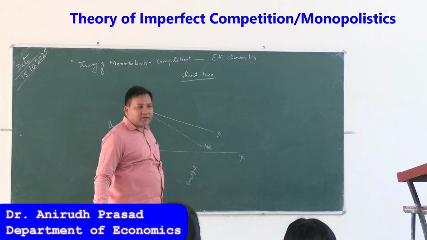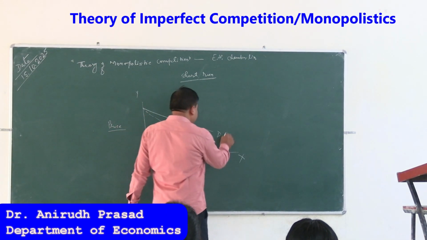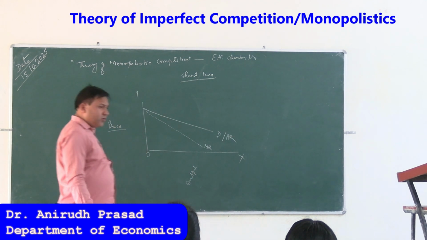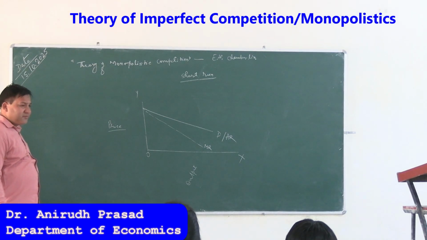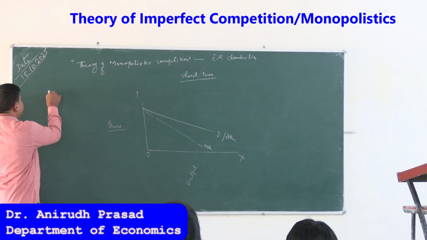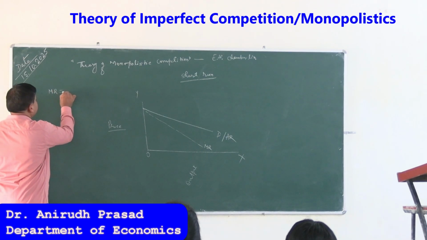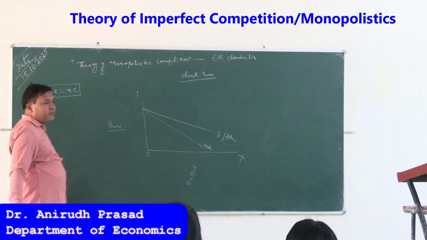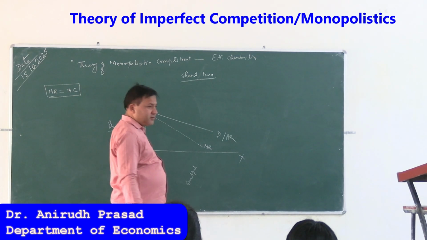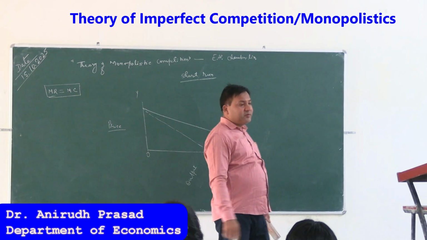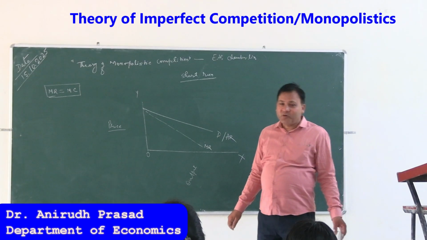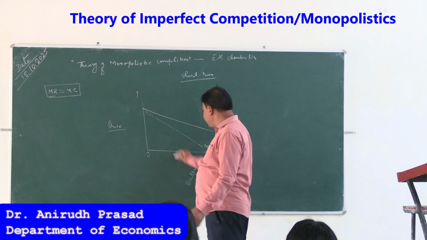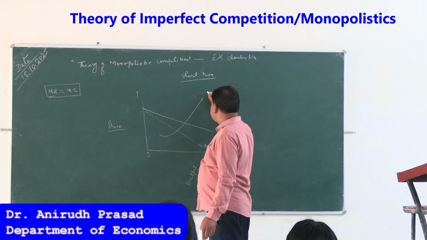The MR curve also follows the demand curve or average revenue. As we studied in the previous class, the condition of equilibrium is that MR must be equal to MC, marginal revenue must be equal to marginal cost. And we all know the nature of marginal cost. This is the nature of marginal cost.